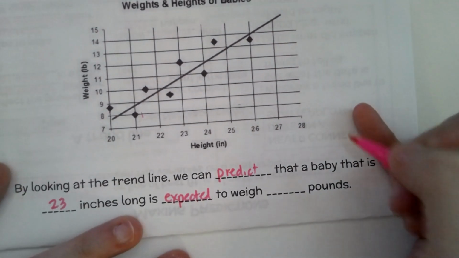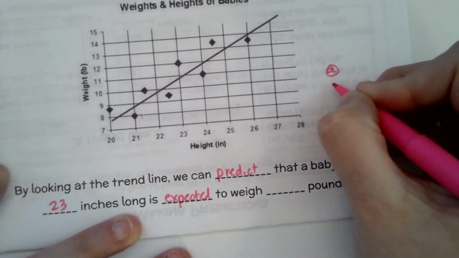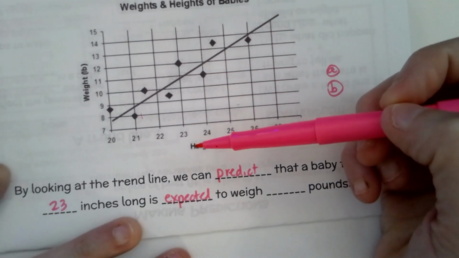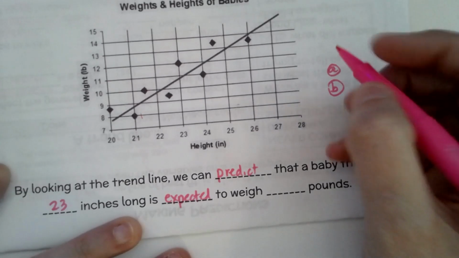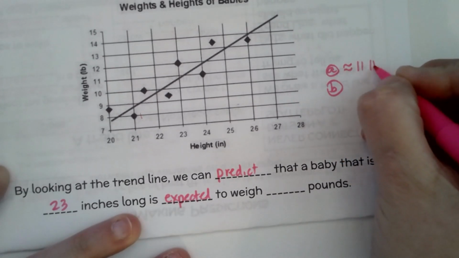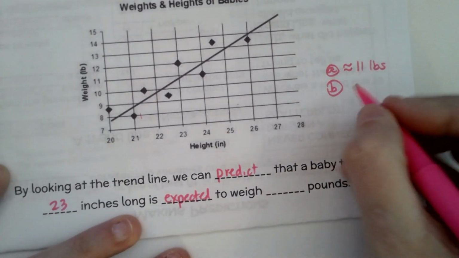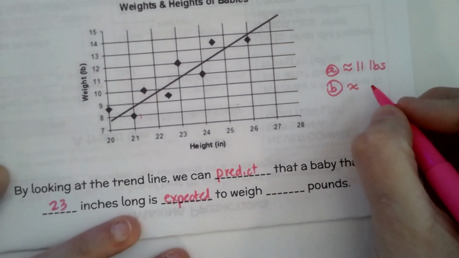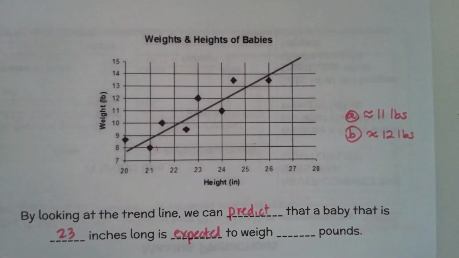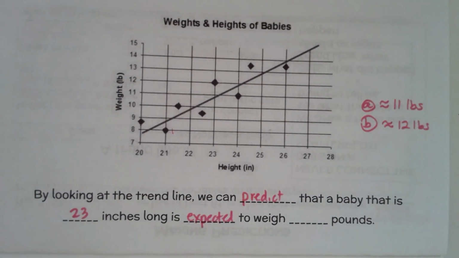There are two possible answers. Answer A is that the baby is predicted to weigh about 11 pounds, or that the baby is predicted to weigh about 12 pounds. Pause for a second, talk to your table group. Which one do you think it is?